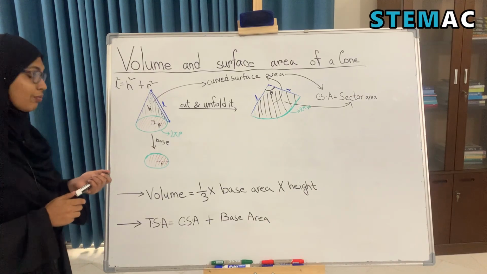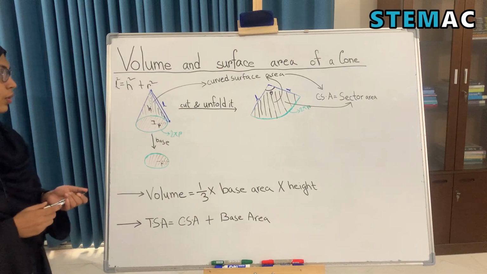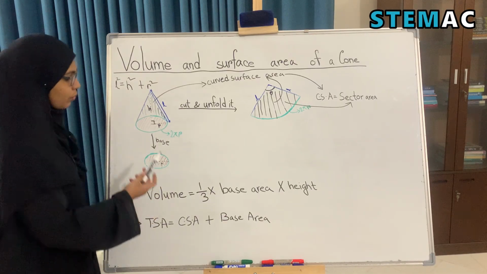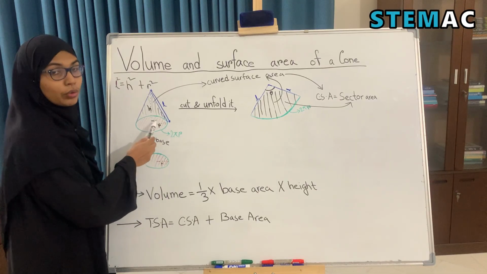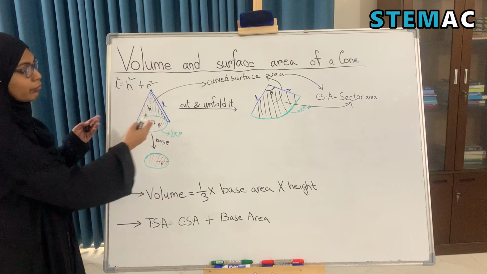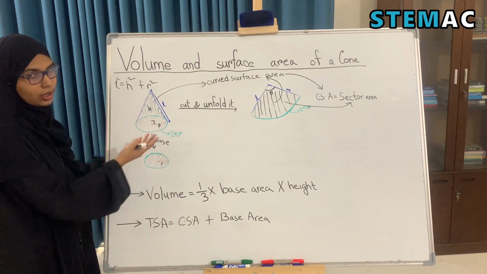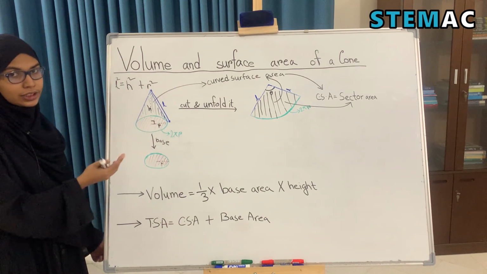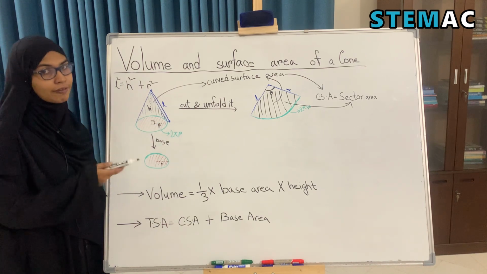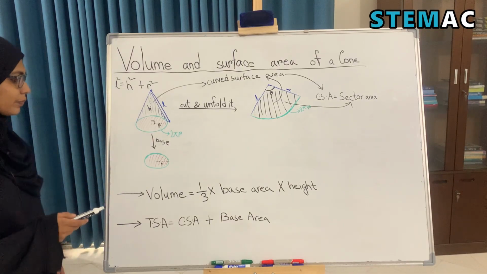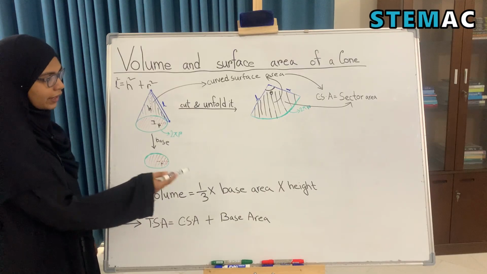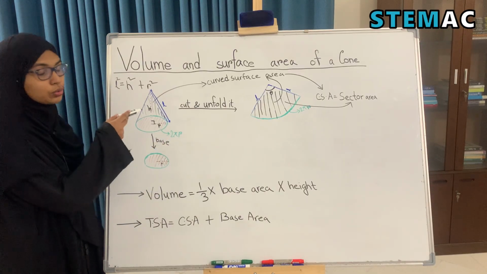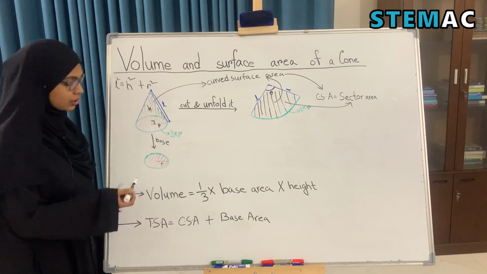So to find the volume of the cone, we need to know the base area. So we need to know the radius of the cone. If we measure the diameter, we can find the radius, because the radius is half the diameter of the circle. And to find volume, we also need to know the vertical height of the cone.